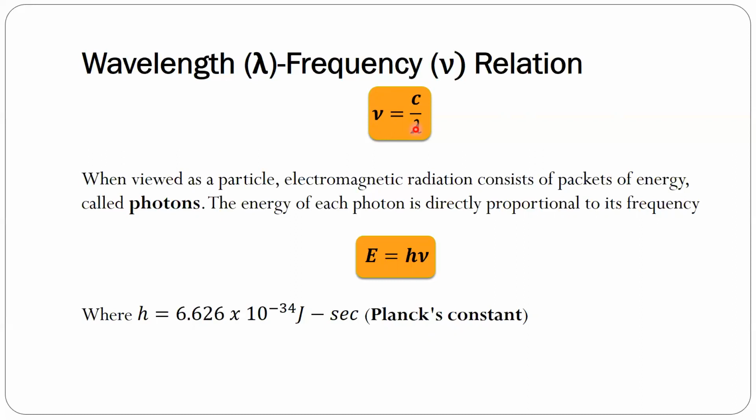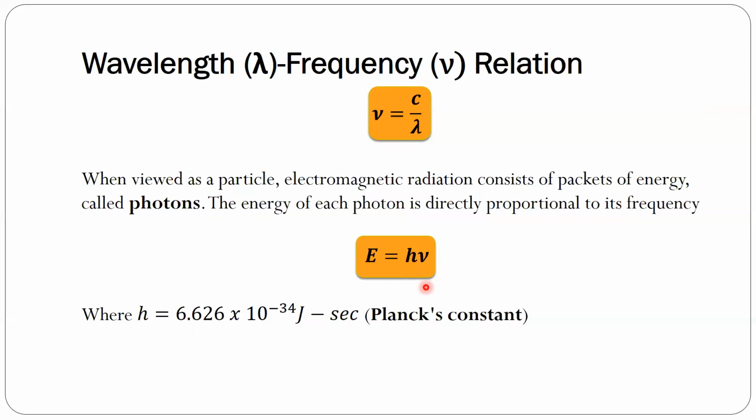Okay? But again, you can view it as a particle. Okay? So if you view it as a particle, electromagnetic radiation, sabi, is consisting of packets of energy called photons. Okay? So the energy of each photon is directly proportional to the frequency.